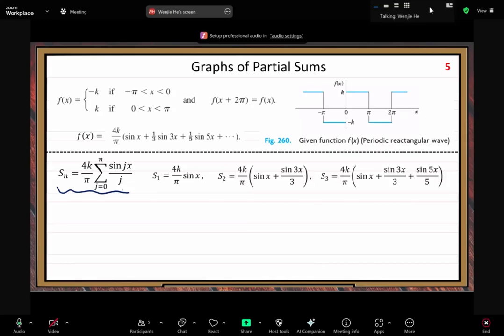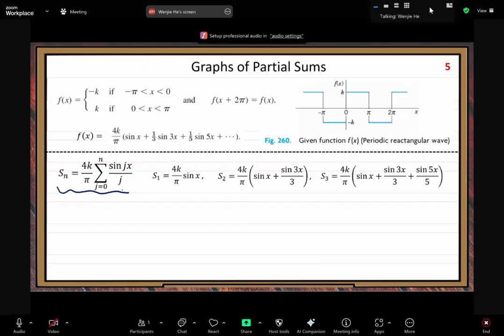If we use computers, we can draw any number of partial sums, right? 100 is very easy. We write a program. But several hundred years ago, probably 400 or 500 years ago, how do you do the partial sum of 100 terms?